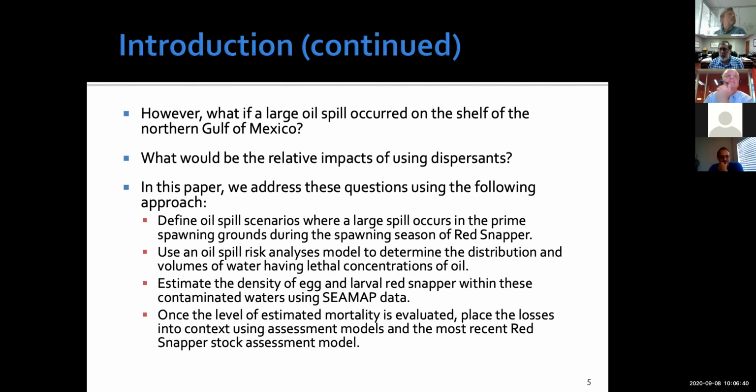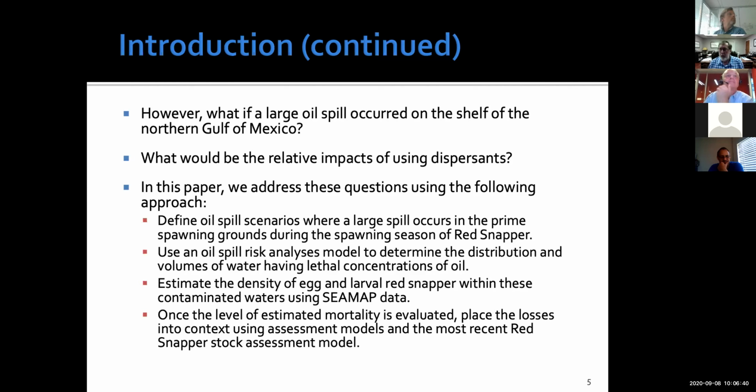That's the 96-hour LC50. The concentrations we used were the same ones that were used in the assessment of the BP oil spill, and that's 50 micrograms per liter and 1 microgram per liter. We're going to focus on the 1 microgram per liter. Again, we're using the most conservative of the toxic thresholds.